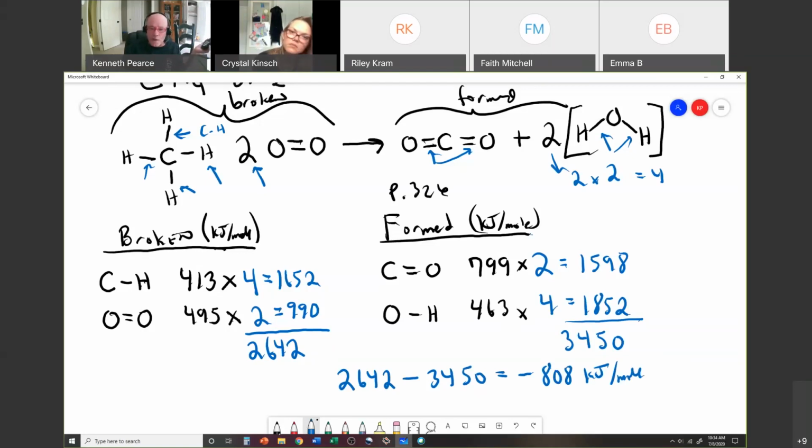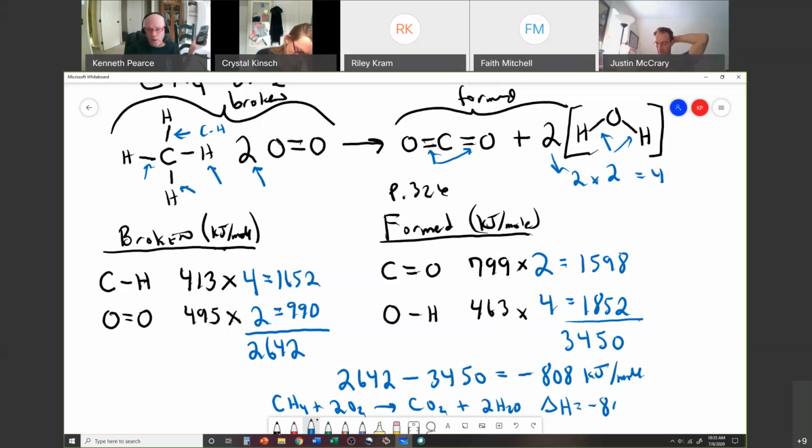And so delta H for the reaction of CH4 plus two oxygens, which gives me a carbon dioxide, plus 2 waters, what we're going to say using this calculation is that delta H of reaction for this is minus 808 kilojoules per mole.